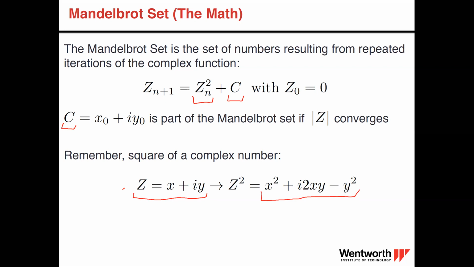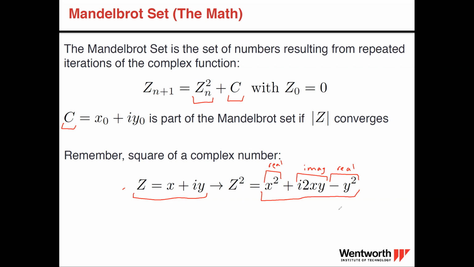So we have a real part and an imaginary part. The x squared minus y squared is a real part because it doesn't have an i, and the 2xy is an imaginary part because it has an i associated with it.